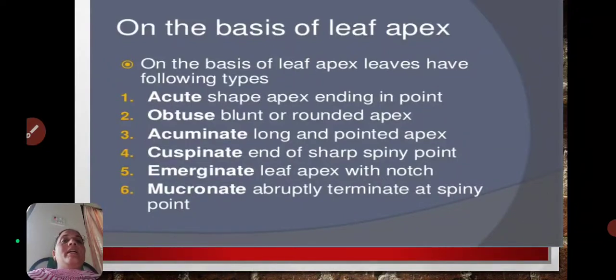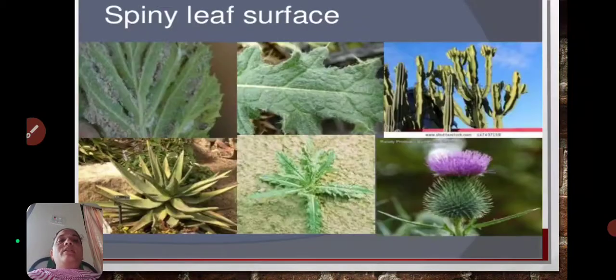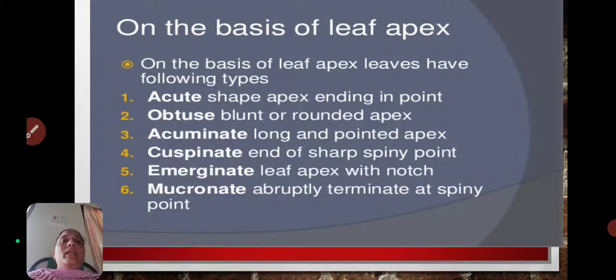Apex means the end position of the leaf margin. Acute means the apex ends in a point, and obtuse means a blunt or rounded apex. In acuminate, the apex is long and pointed. So what is the difference between acute and acuminate?